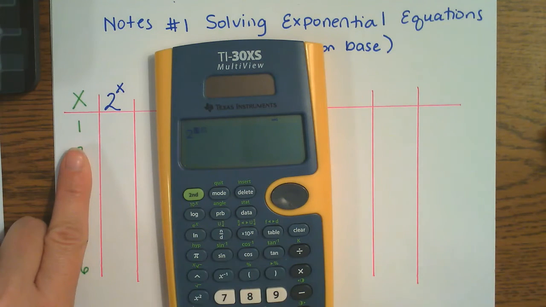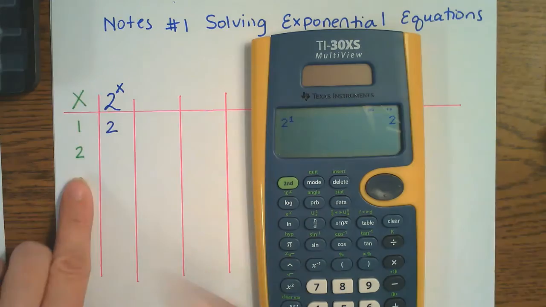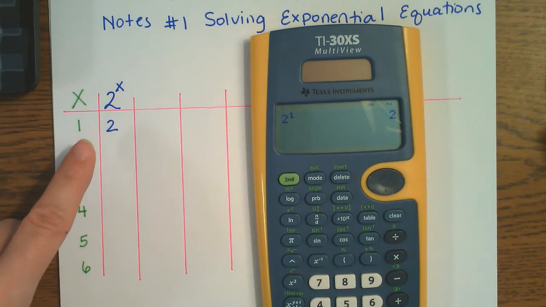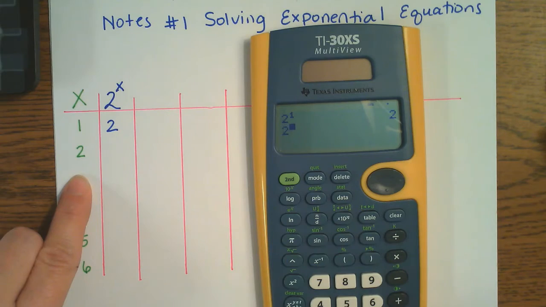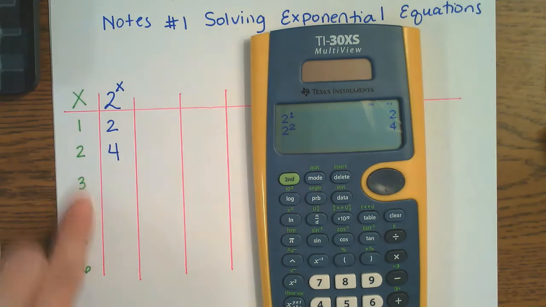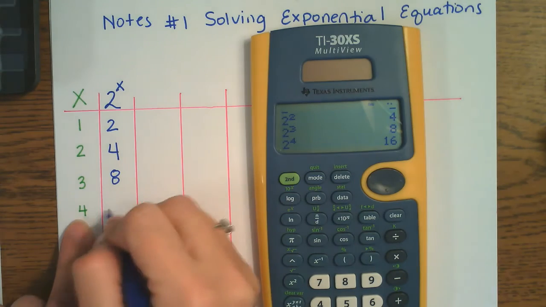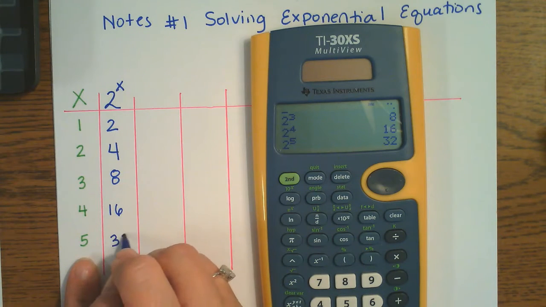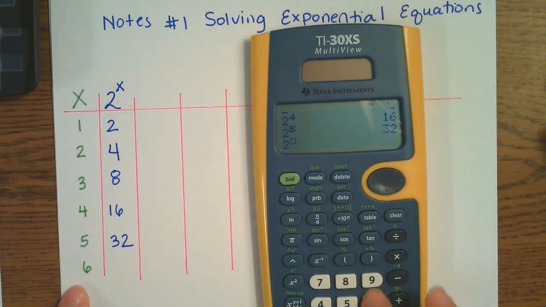So 2 to the first is 2. 2 to the second is 4. 2 to the third is 8. 2 to the fourth, and 2 to the fifth. Oh, and 2 to the sixth.